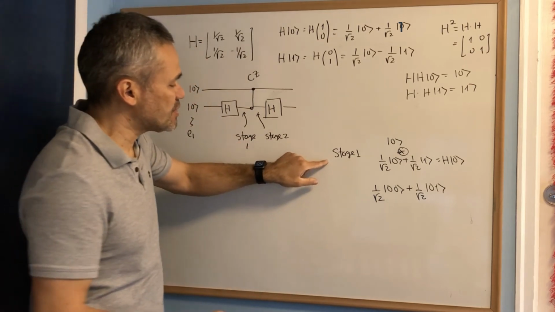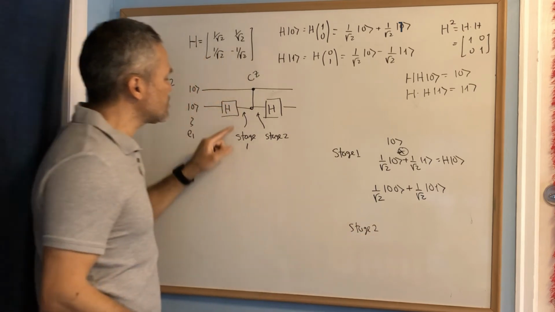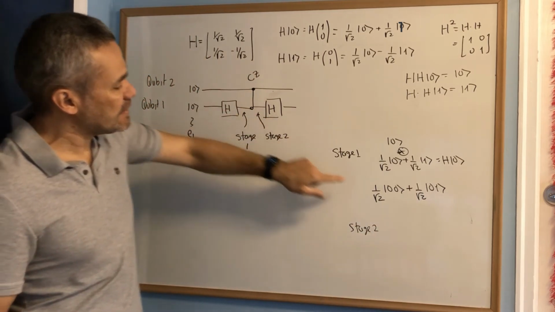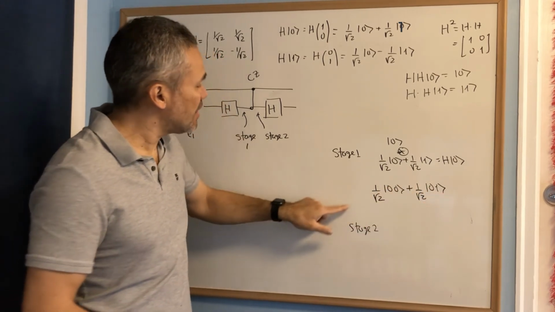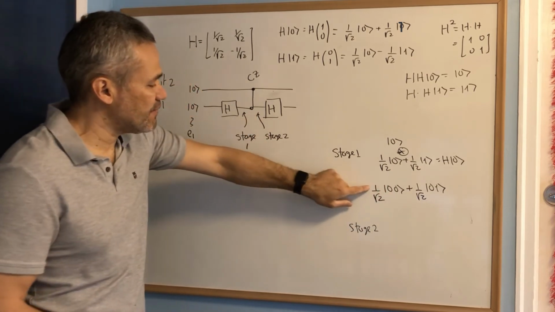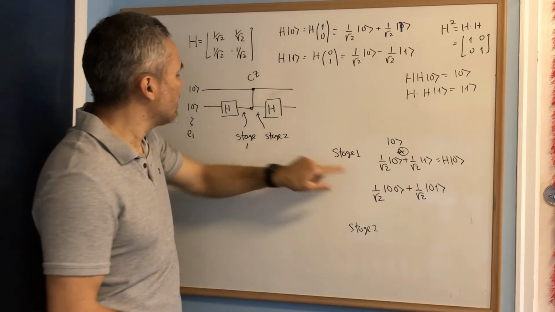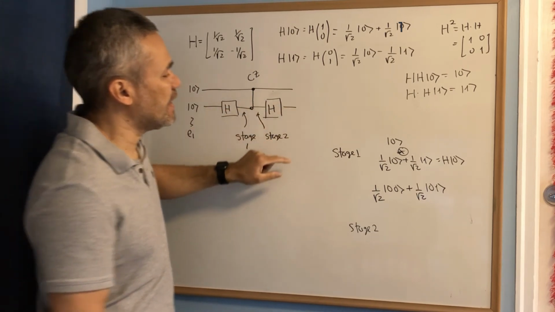Now when we move to stage 2, stage 2 is applying the CZ, but we know that the CZ does nothing to this qubit, and it does nothing to this qubit. That means that it stays the same, right? Then at stage 2, we have the same. And then what happens when I apply H again?